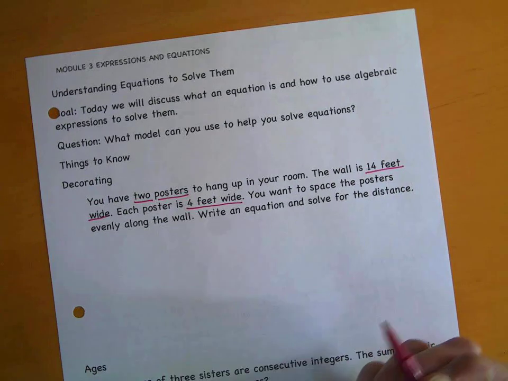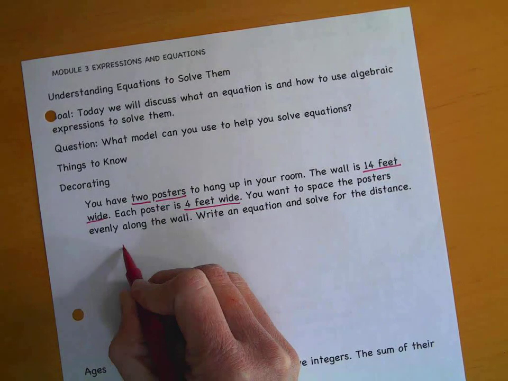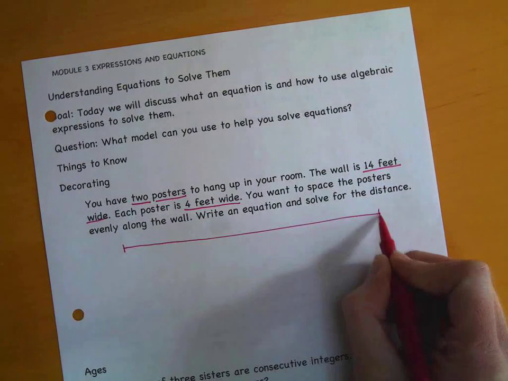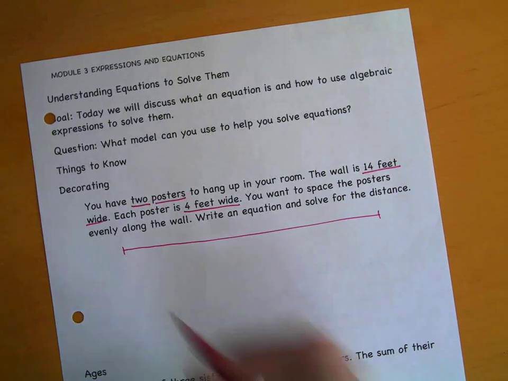So one thing that I like to do when I'm working with problems like this is I like to draw a picture of what I have. So I have a 14-foot wall. So let's say that's the wall. And then I have two posters that I'm going to hang up, and each poster is 4 feet wide, and then I want them to be evenly spaced.